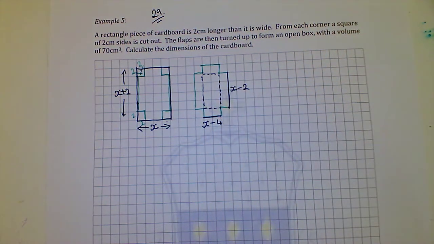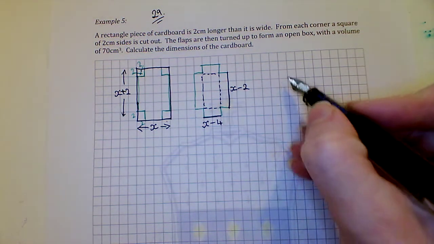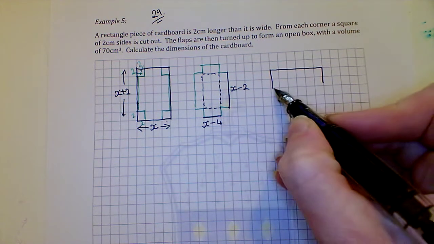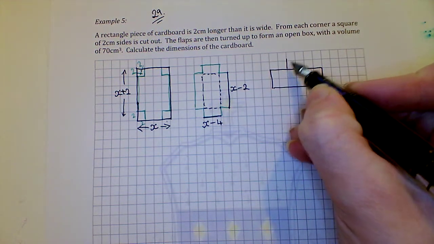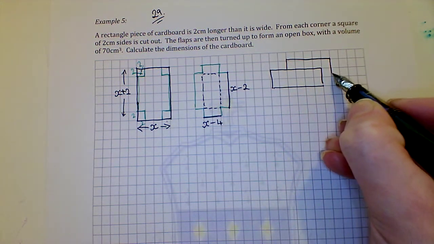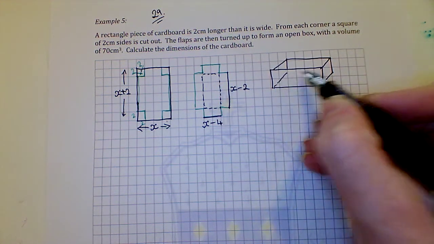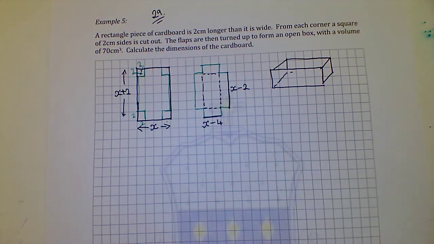And what happens is this gets folded up to form an open box. And hopefully you can visualize that. So I have a box in 3 dimensions, and when I fold it up it looks like this. Now what are the dimensions?